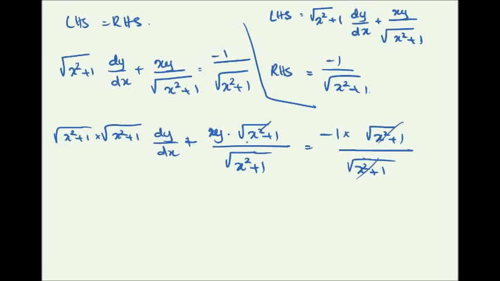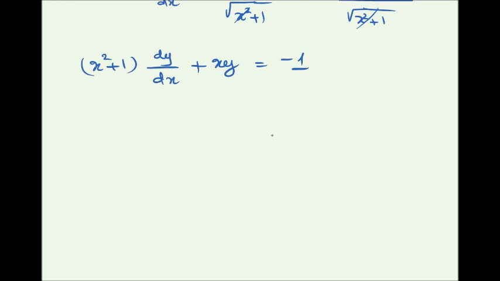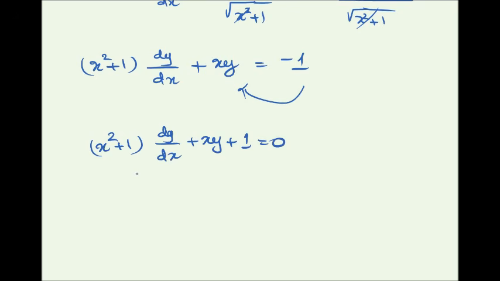So this cancels, this cancels. This is a square, so we can write (x²+1) dy/dx plus xy is equal to minus 1. Moving to this side, we get (x²+1) dy/dx plus xy plus 1 is equal to 0. This is the question. So we have proved this, and we can write hence proved.